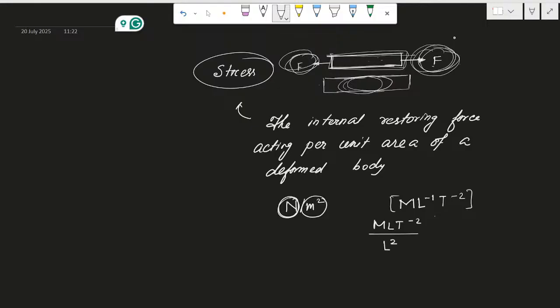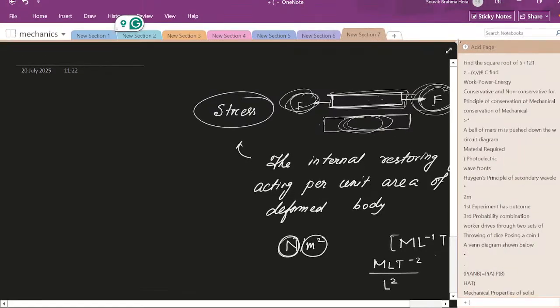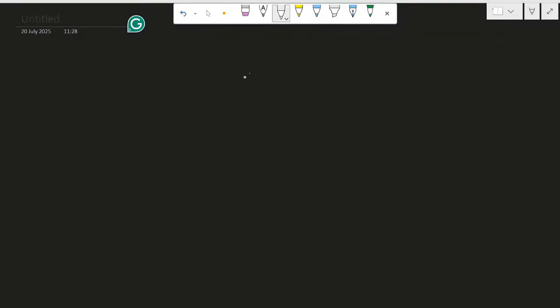Okay, now we must understand that stresses are of two types generally. One is normal stress.